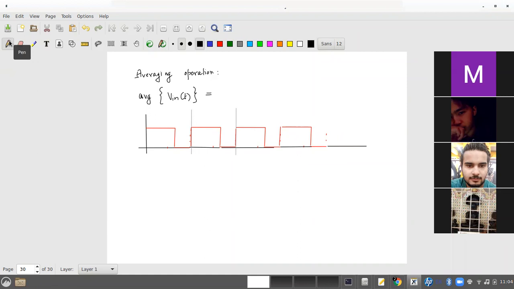It's a periodic signal. So how will you define the average? Integrate over one time period and divide by the time period. 0 to T, divided by the time period.